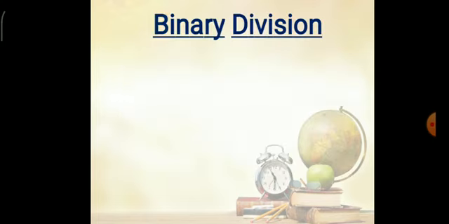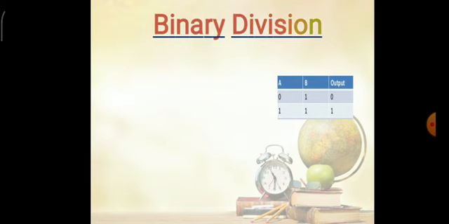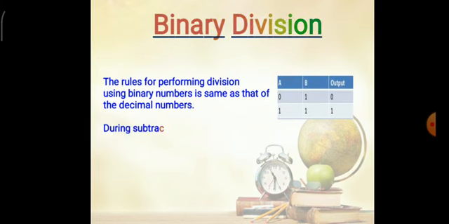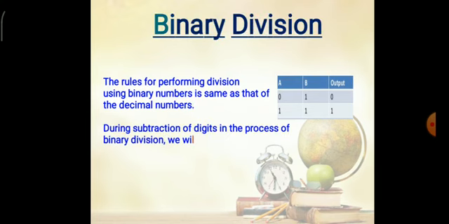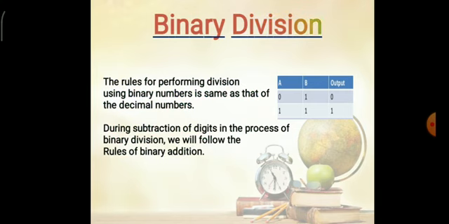Binary division. The rules for performing division using binary numbers are the same as that of the decimal numbers. During subtraction of the digits in the process of binary division, we will follow the rules of binary subtraction.